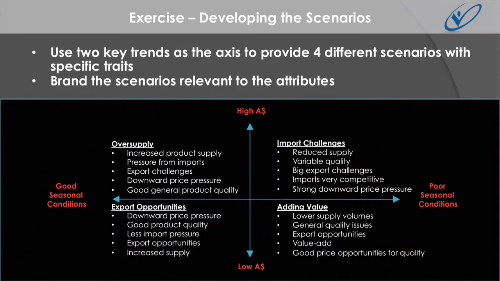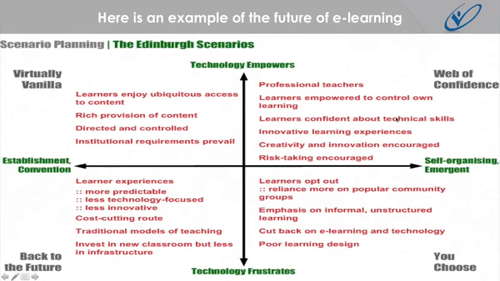Just to show you, that's an example you might use for a horticultural business. Here's another one, an e-learning example from, I think, Edinburgh University. They looked at technology as one of the big drivers, and whether it empowers people or frustrates people.